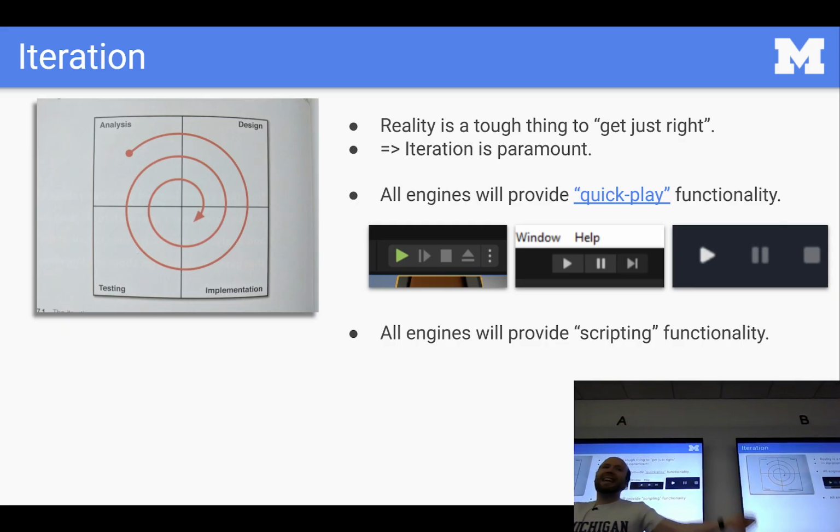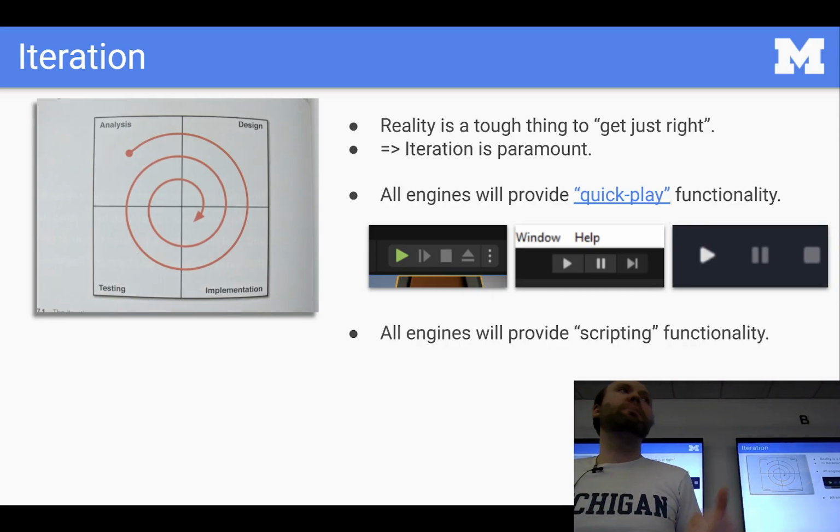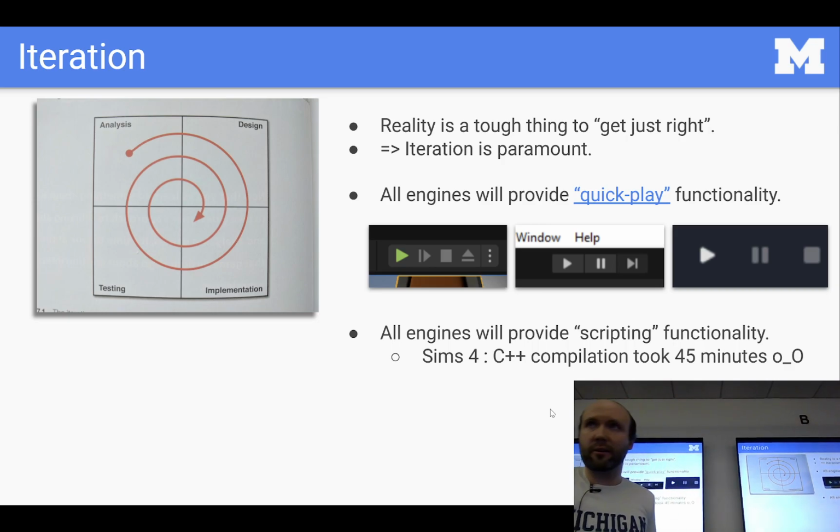Game engines tend to be a scripting layer on top of a high-performance C++ or C core. Now, the scripting layer is almost always in a scripting language, not compiled, okay? It is usually interpreted for this reason.